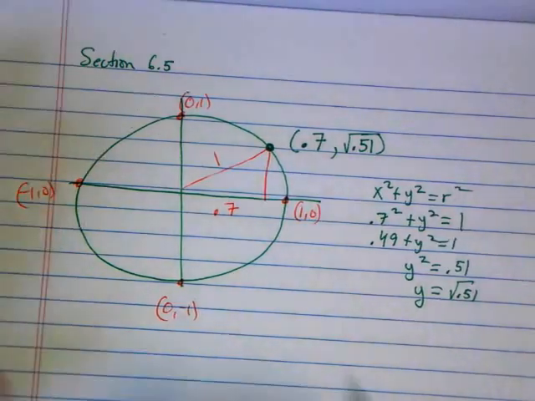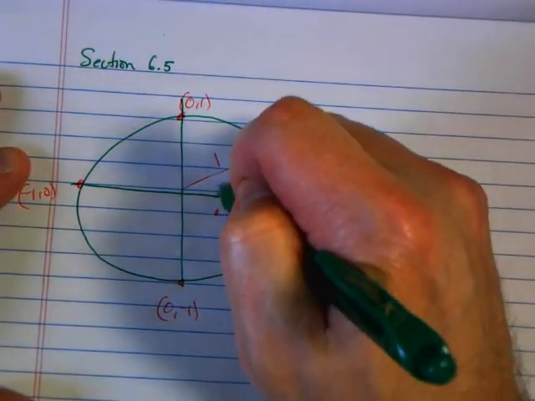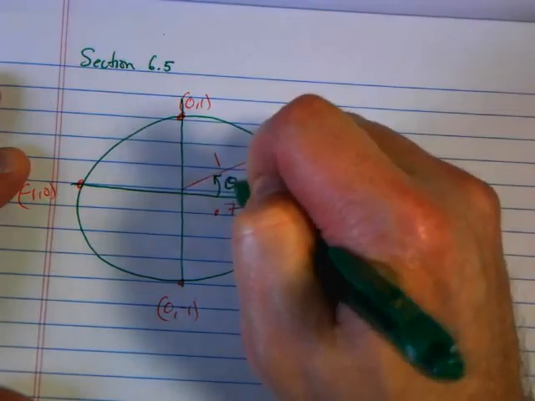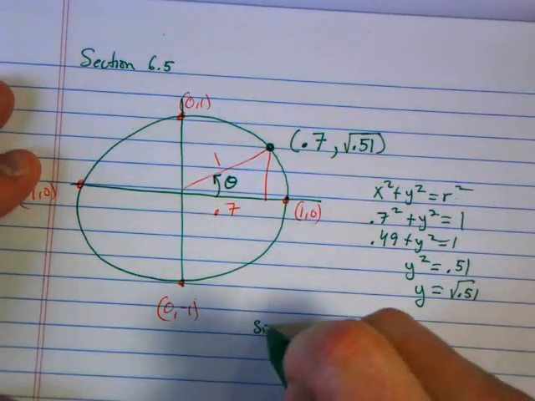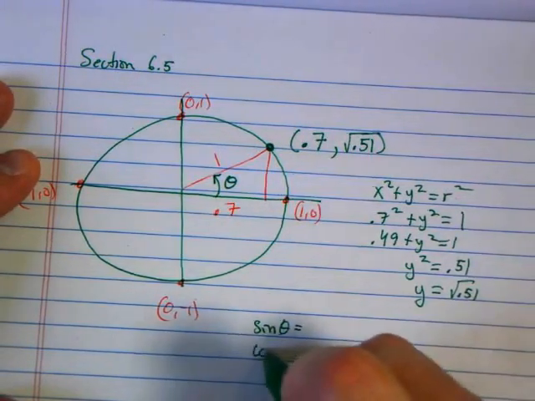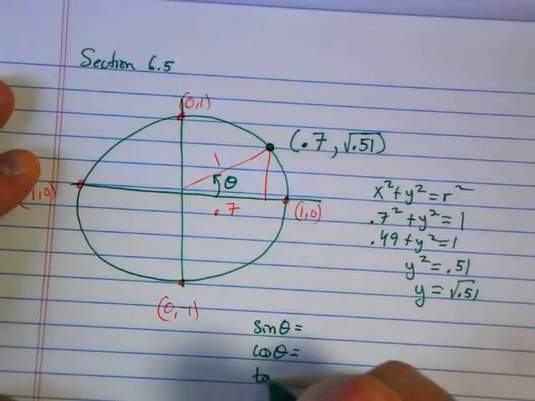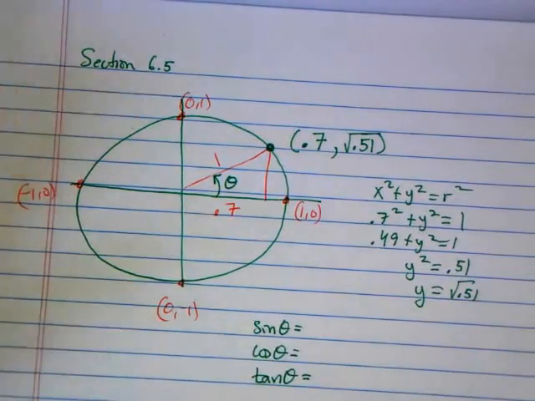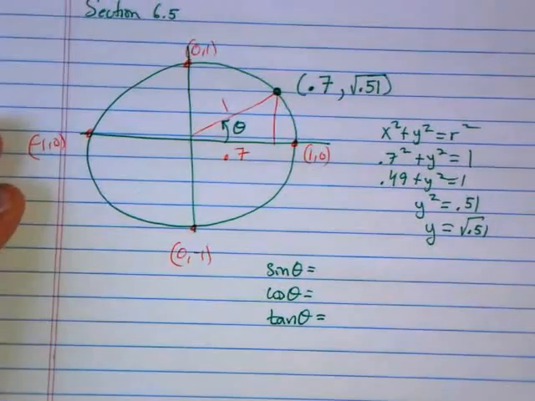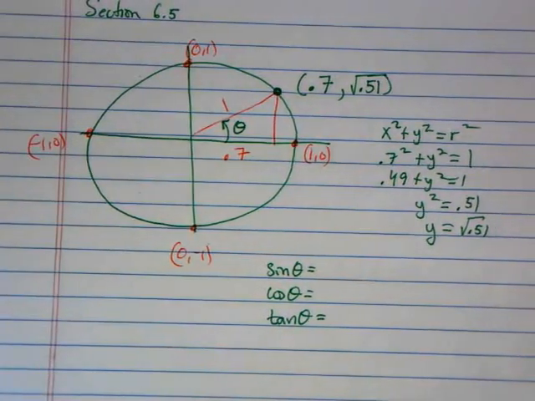All right, so now I'm going to call this angle right here theta. And I want you to tell me the sine of theta, the cosine of theta, and the tangent of theta. What's the sine of theta?